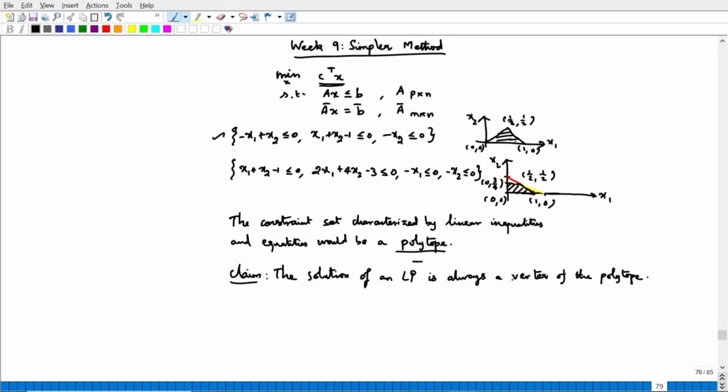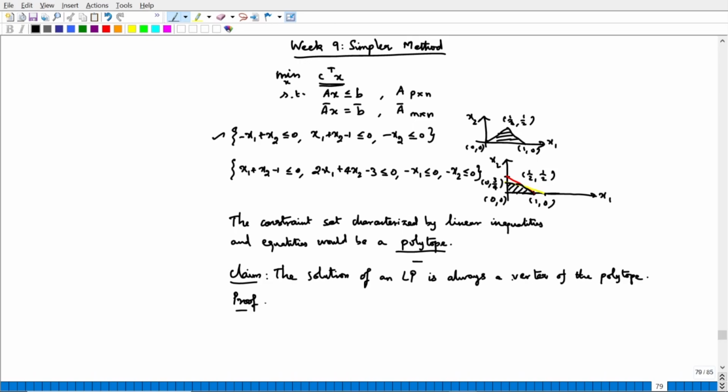The answer, if the constraint set is given by this triangle, is going to be either (0, 0), (1, 0) or (half, half). Okay. So that is what this claim means, if you take this particular example.